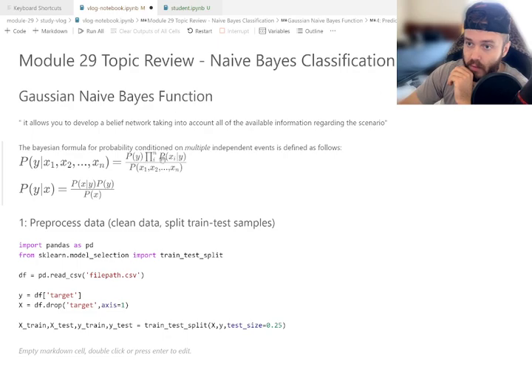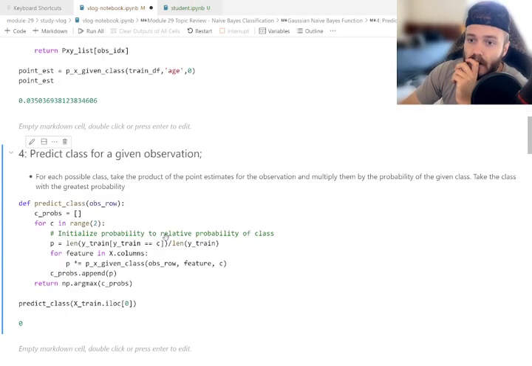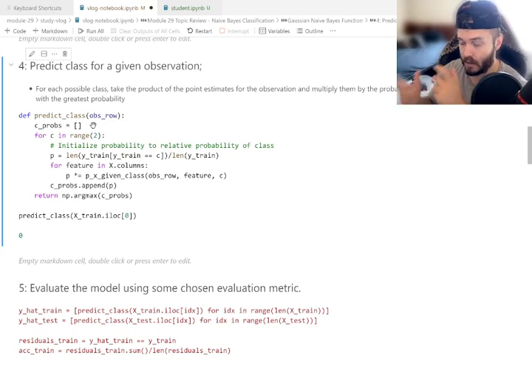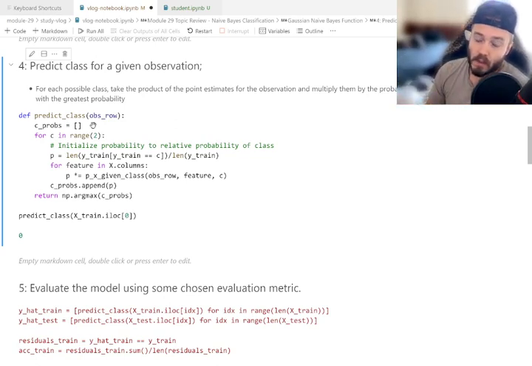We're going back and forth, creating this numerator right here. So basically cprobs is going to be 2 values: the probability of each class. And so cprobs altogether, if you were to call sum on it, should equal 1, right?